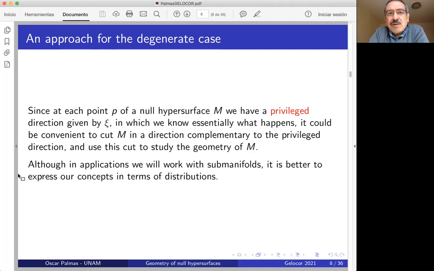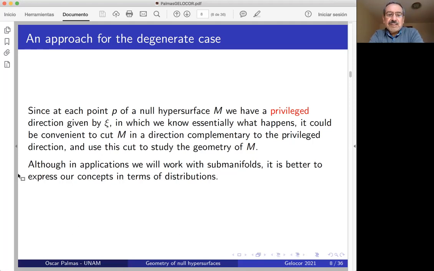Since at every point of the hypersurface we have the direction given by Xi, and essentially it is very easy to understand the behavior in this direction, we take all directions complementary to the Xi direction, and use this cut to study the geometry of M.